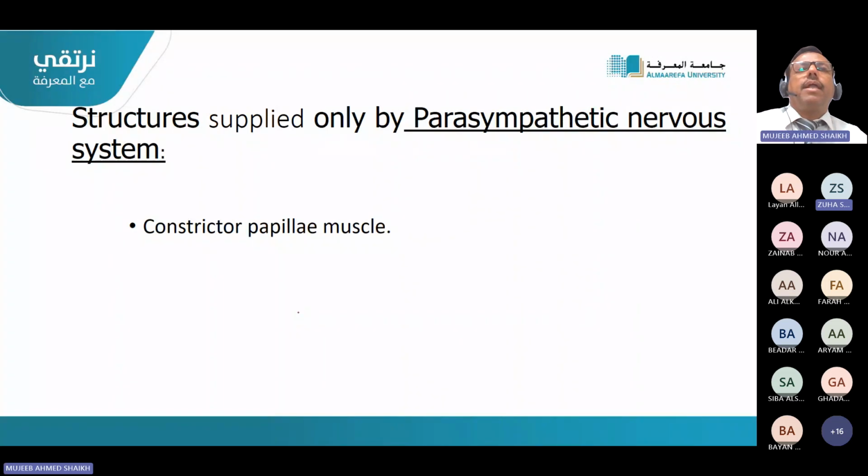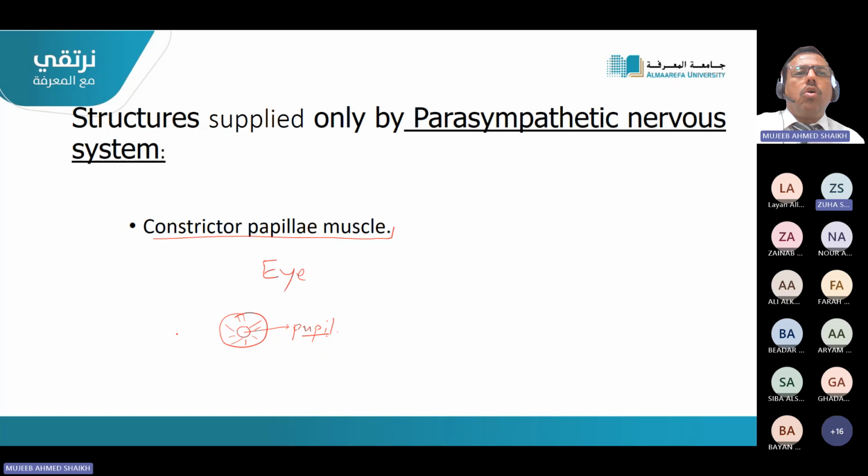Similar to that, parasympathetic is supplied exceptionally to the constrictor pupillae muscle, where it is found in the eye pupil. If you see the eye, there is a central part which is called the pupil. The central black hole in the eye is the pupil.